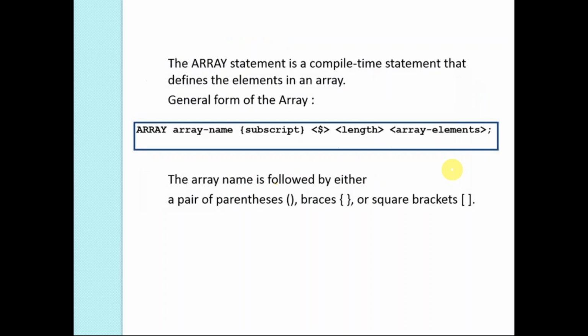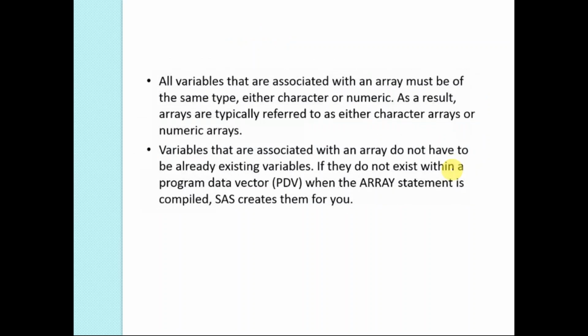One important point is that all variables associated with an array must be of the same type. When you group variables and store them in an array, all the variables should be of the same data type.